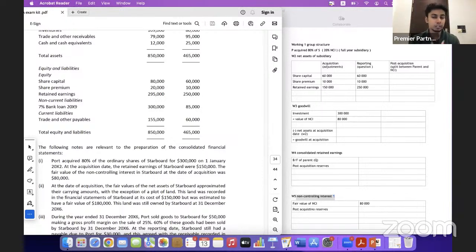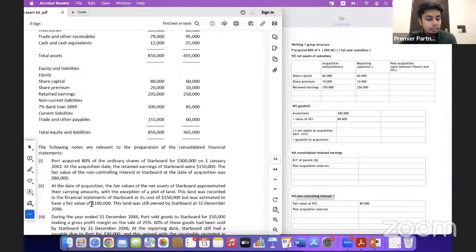Okay, anyway, so let's say, guys, I send in someone, I start valuing assets and liabilities, and then I realize that there is a land which is actually worth more than what they are showing. So see, in this paragraph, they are telling in Starboard's account, who is subsidiary, the land is costing 150.